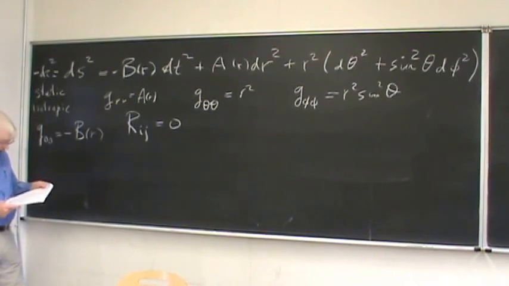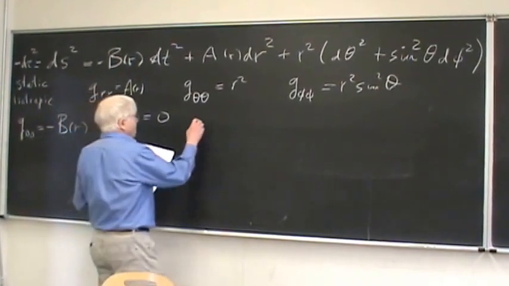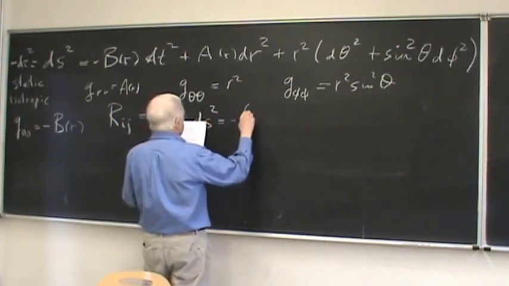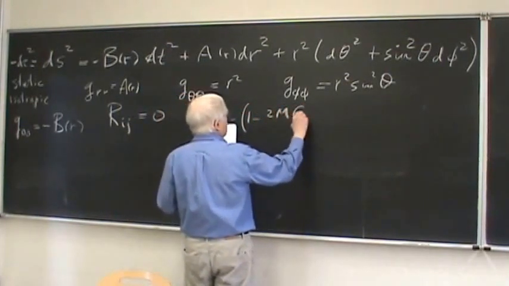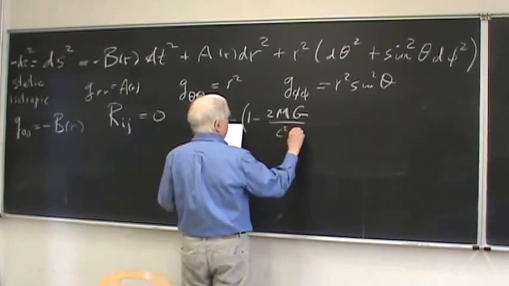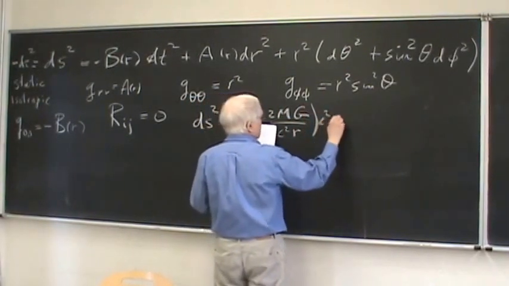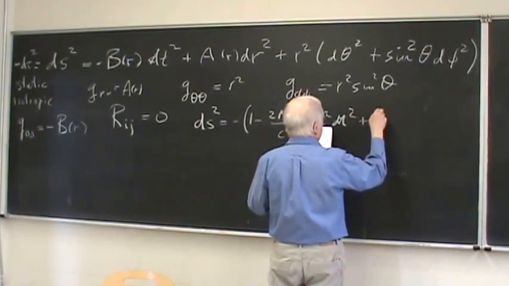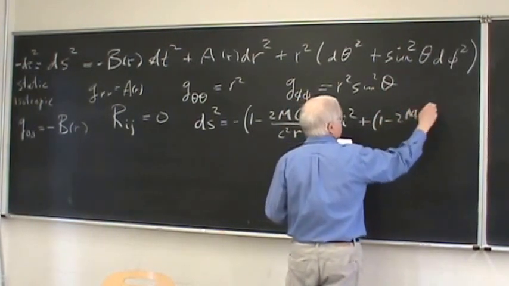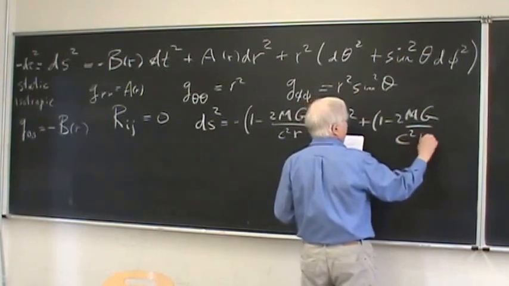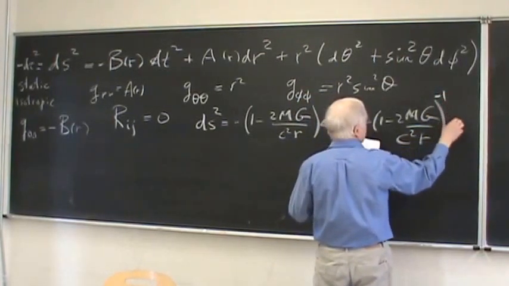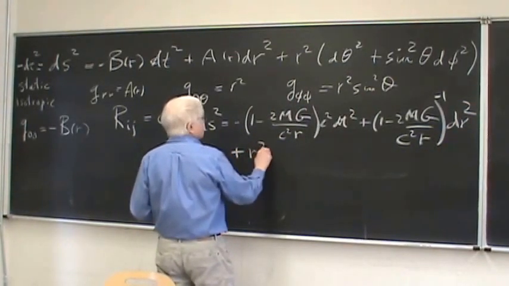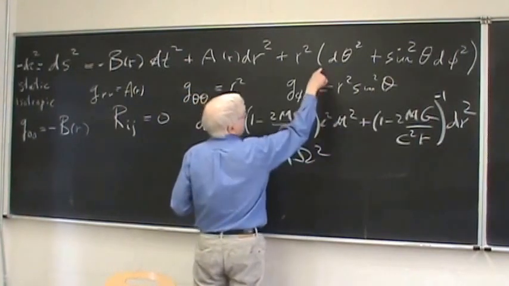And then we could derive the Schwarzschild solution, which is ds squared equal to minus (1 minus 2MG over c squared r) c squared dt squared, plus the same thing, (1 minus 2MG over c squared r) to the minus 1, dr squared, and then plus r squared d omega squared.